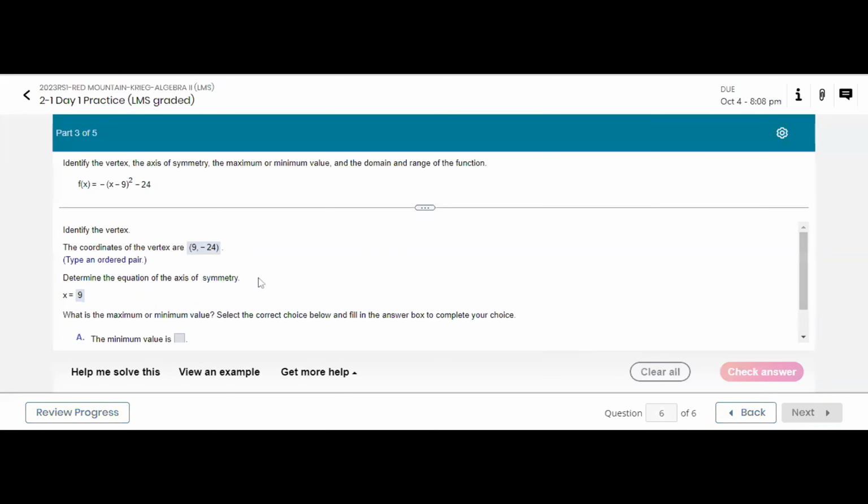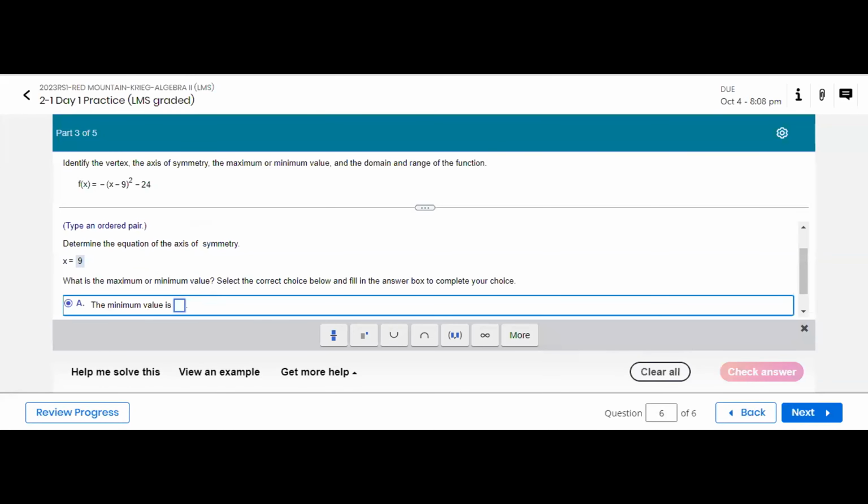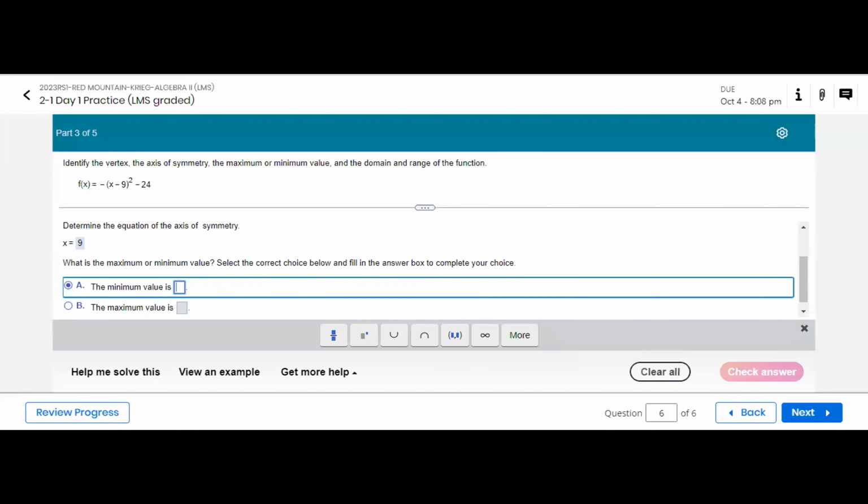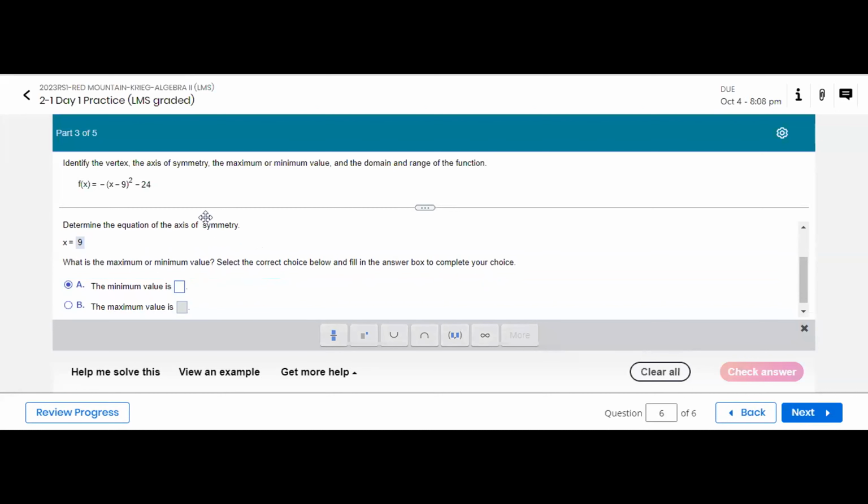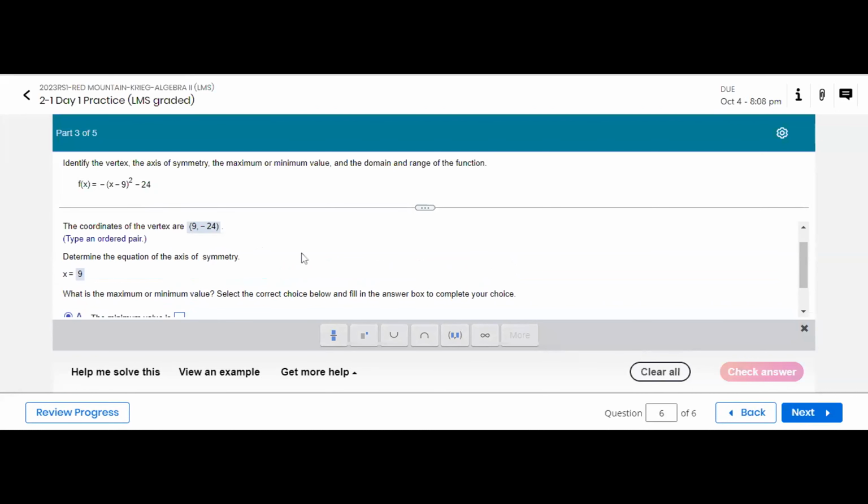And then the minimum would be... It's always, this is the min or max, the y value of the vertex. Now, does it open up or down in this case? It's based on the number in front. If it's negative, it opens down.